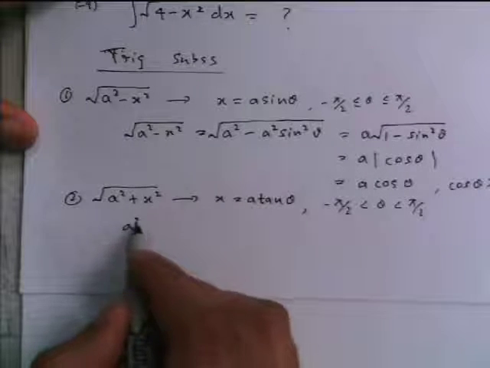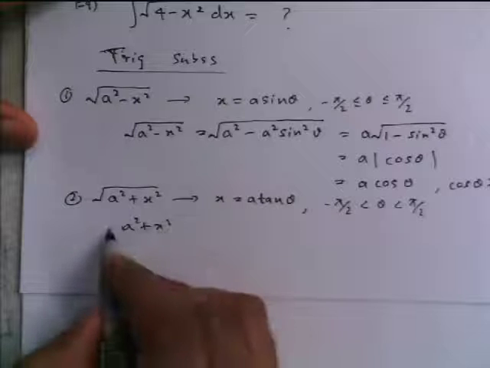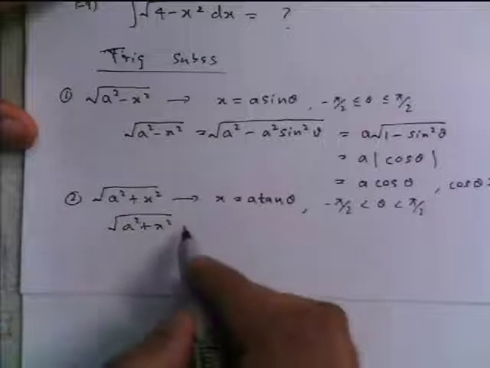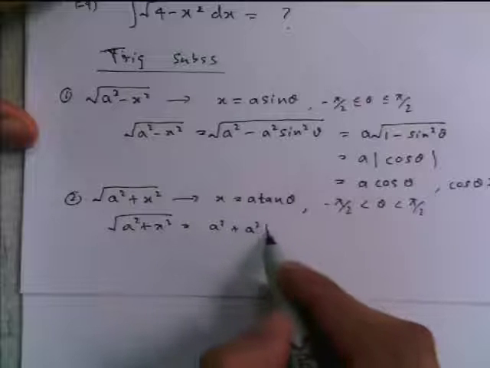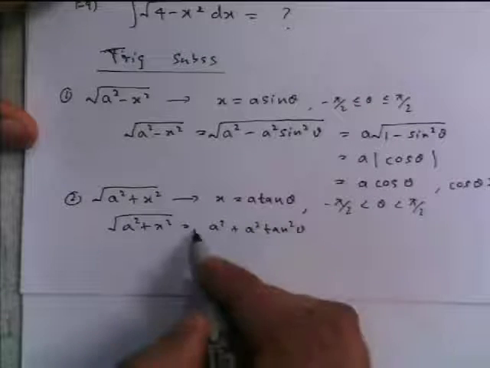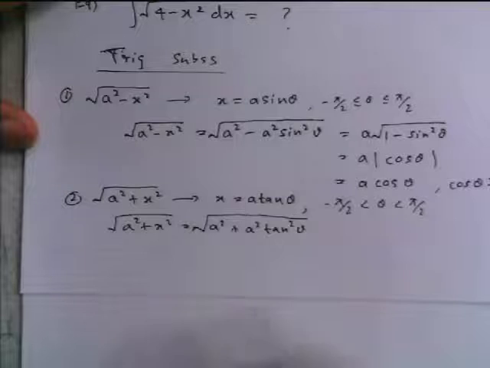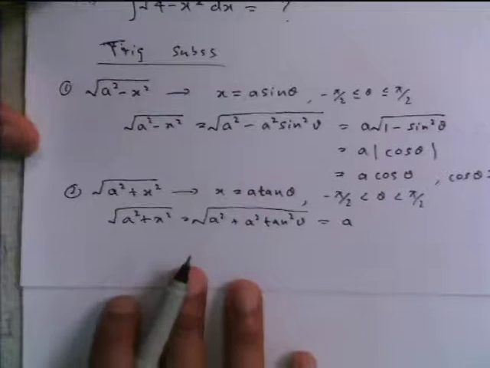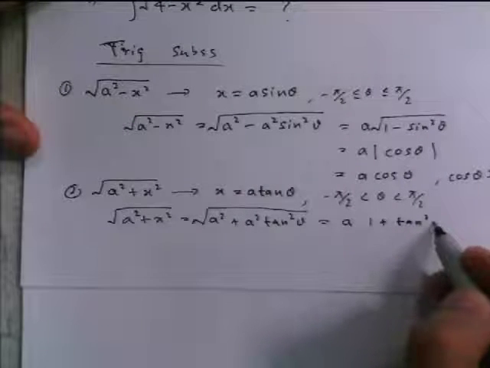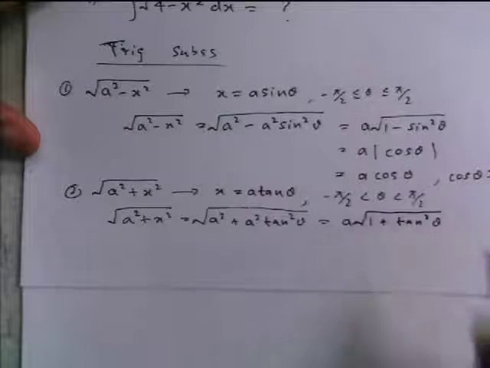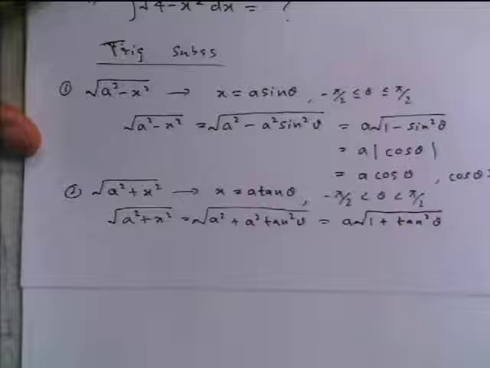See what happened in this case. This becomes the square root of a squared plus x squared, which equals a squared plus a squared tan squared theta. We take a out. We assume a is a positive number. Then you get the square root of 1 plus tan squared theta. What is 1 plus tan squared theta?